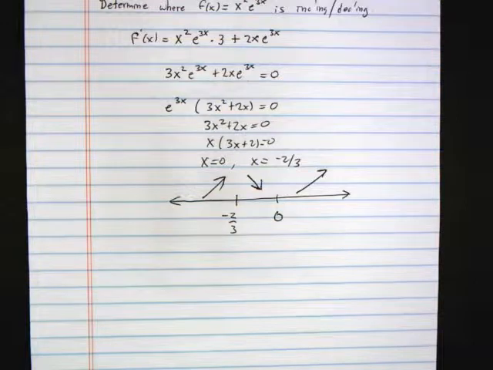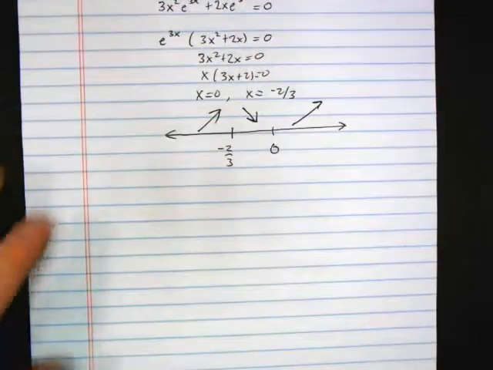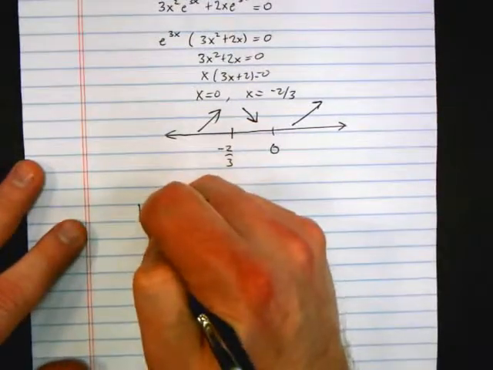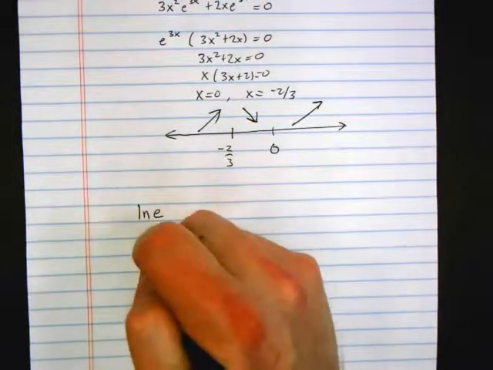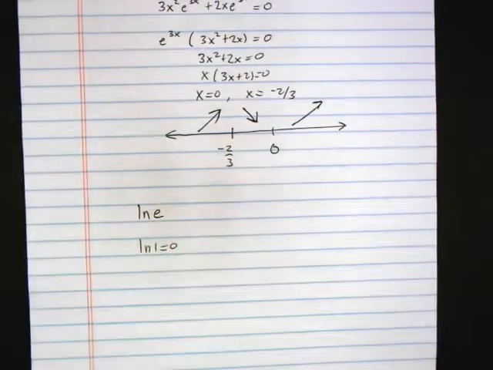Where does the value for e come from? That's an excellent question. What's the ln of e? It's not 0. ln of 1 is 0. What's the ln of e? 1.